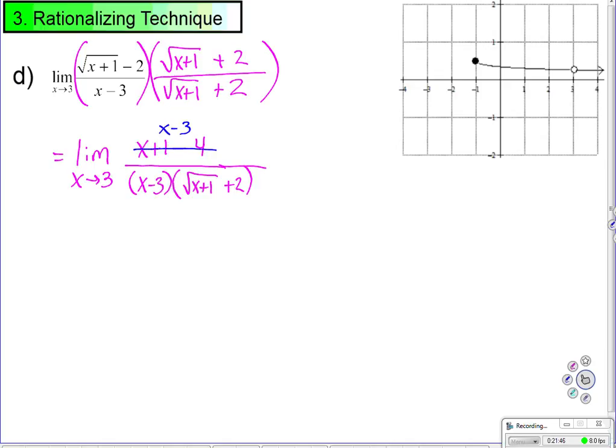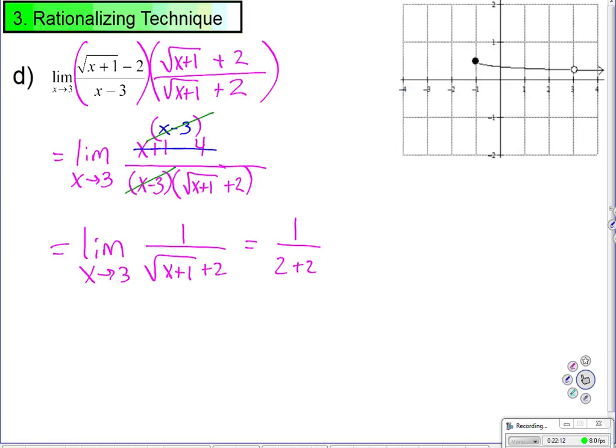And that is super helpful because now I have the x minus 3 factor canceling the x minus 3 factor, leaving us with the limit as x goes to 3 of 1 over the square root x plus 1 plus 2. 1 over 3 plus 1 is 4, square root is 2, I get 2 plus 2, we get 1/4.